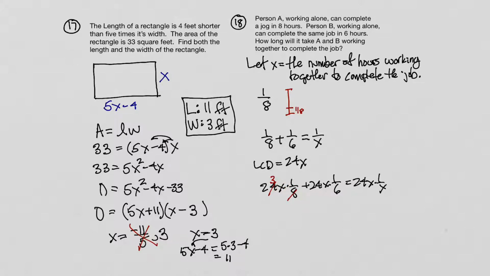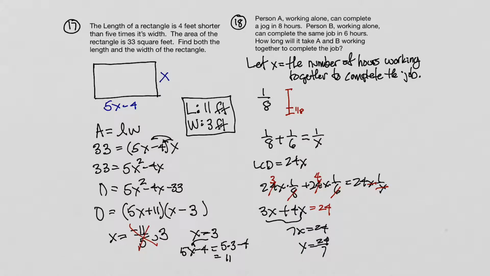Plus, 6 will go into 24 4 times, so we'll get a 4x there. And over here, the x's will cancel, and we're left with 24. On the left side, we'll get 7x equals 24. Divide by 7, we'll get x equals 24 over 7.